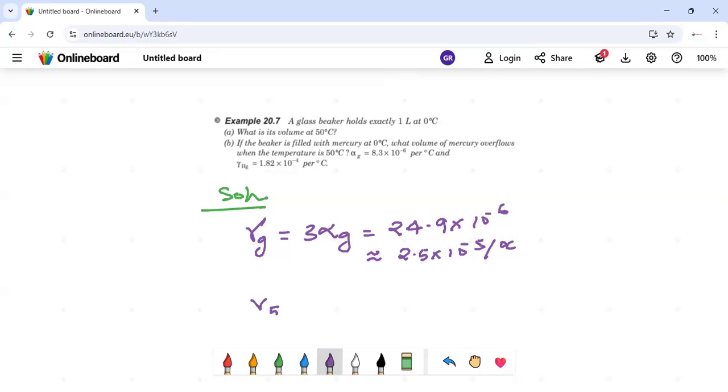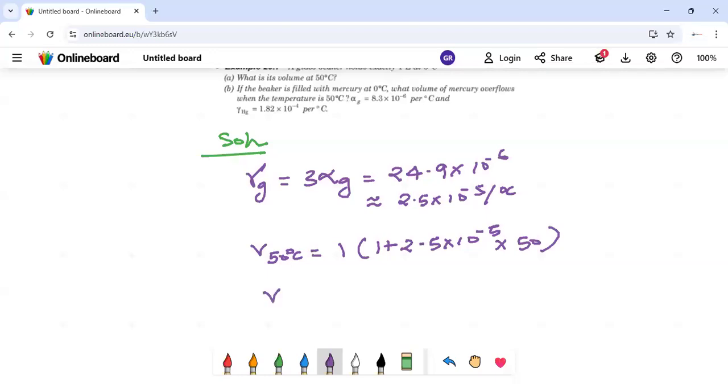So volume of glass at 50 degree will be 1 plus 3 alpha, which is 2.5 into 10 to the power minus 5 into the rising temperature, which is 50. And if you solve this, you'll get 1.0012455, I think, liters. This is the volume of glass you will get at 50 degrees Celsius.